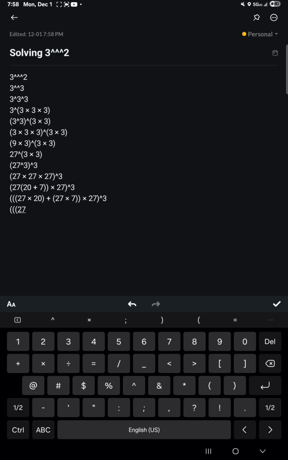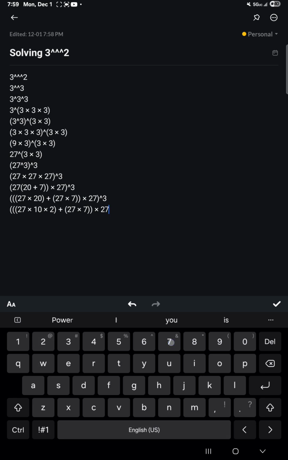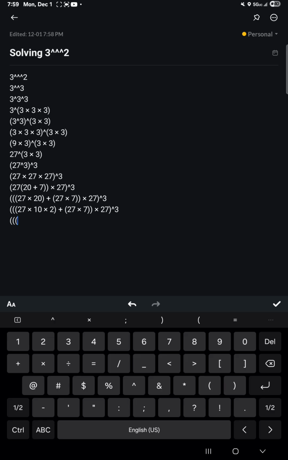Now, let's try and double this number. But first, I need to write the expression, what I mean. So 27 times 10, that just becomes 270. Now we're at 270 times 2.